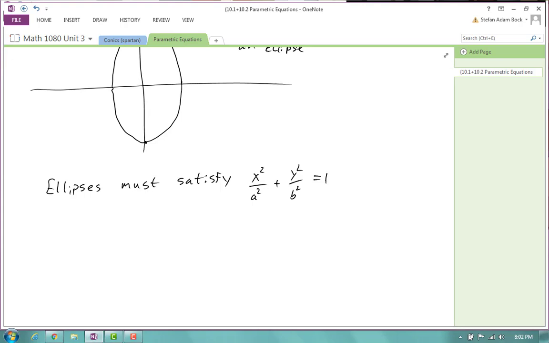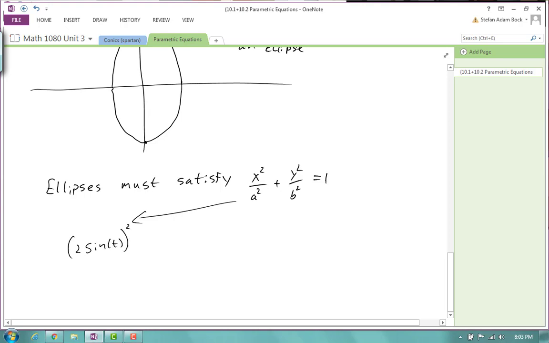Well, the easiest way for me to go about it is to choose a and b so that they eliminate the coefficients on my parameters. So if I plug my parametric equations into this equation, my x was 2 sine of t, so this is (2 sine of t) squared divided by a squared plus (3 cosine of t) squared divided by b squared equal to 1.